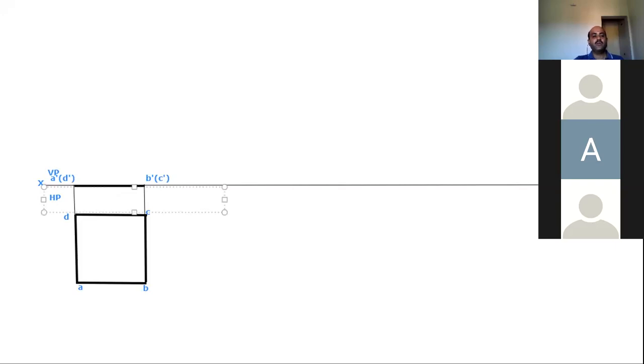So this is the front view. This is the initial position, which I was talking about in our last class. This is called the initial position, and this is very important for you.